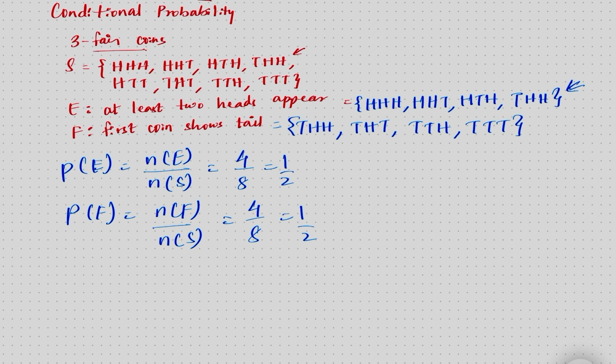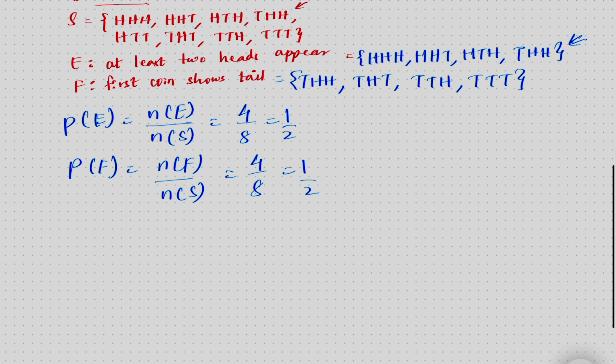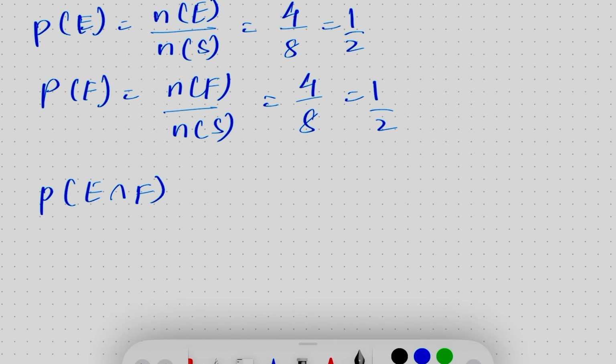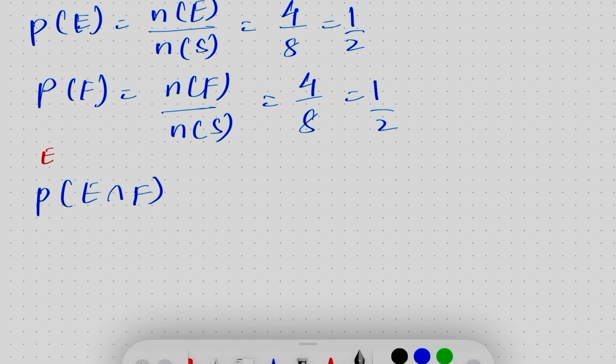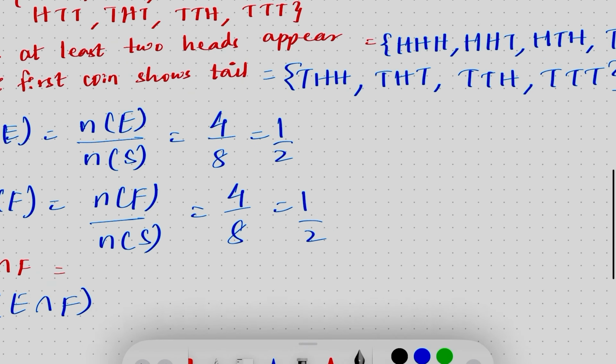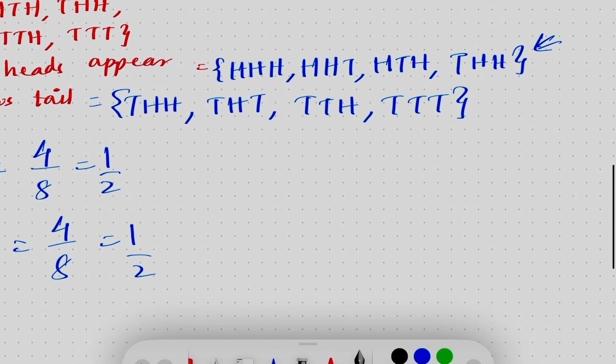Now what we are going to do is find P of E intersection F. For that, let's try to understand E intersection F. What are the elements that are common to E and F? Observe carefully.